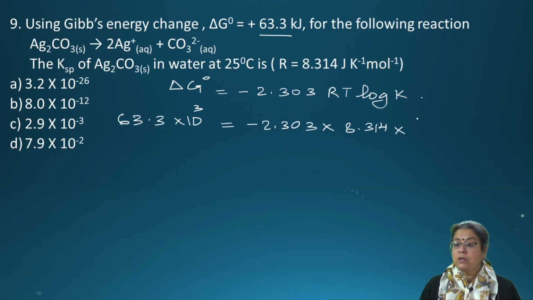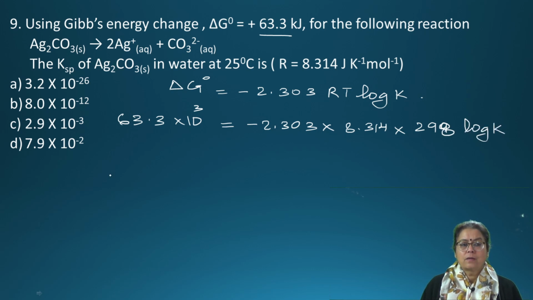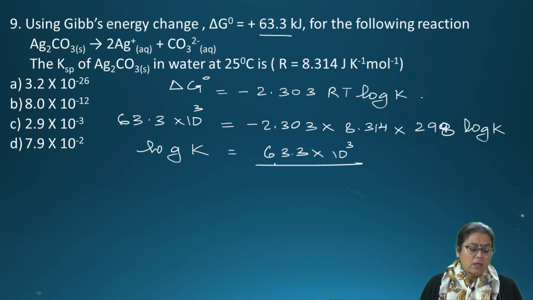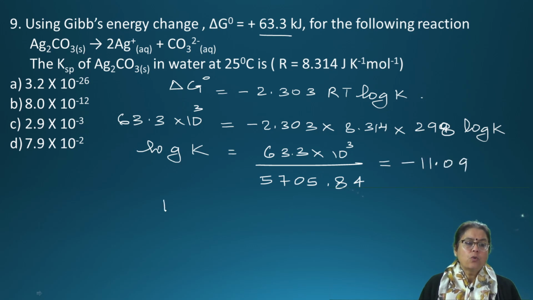Don't forget to convert it into Kelvin, 298, log of K. ठीक है, अब इसे आप कैलकुलेट करते हो तो आपके पास log of K की वैल्यू आ जाती है 63.3 into 10 raised to power 3 upon 5705.84. ठीक है, so this comes to minus 11.09. So what is the value of K?